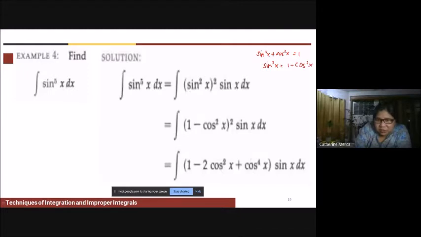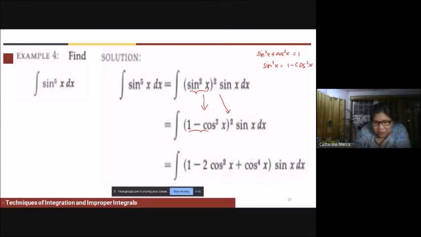So, sine squared x was written as 1 minus cosine squared x, times the square on the outside, times sine x. As 1 minus cosine squared x, the quantity squared, will give you 1 minus 2 cosine squared x plus cosine to the fourth x.